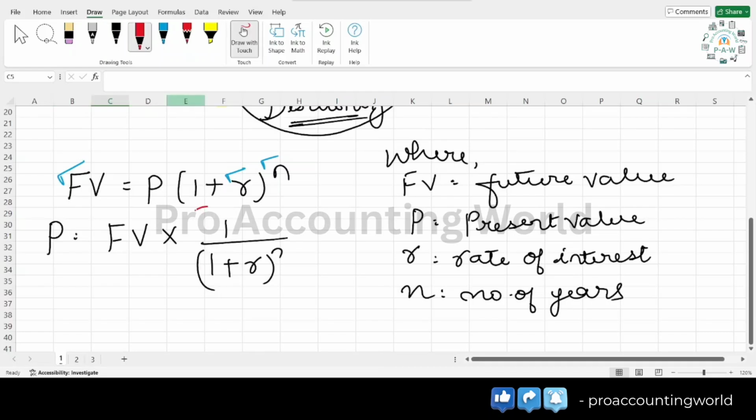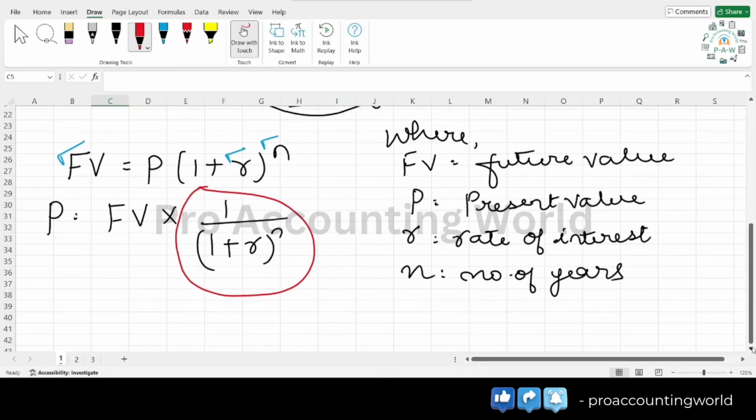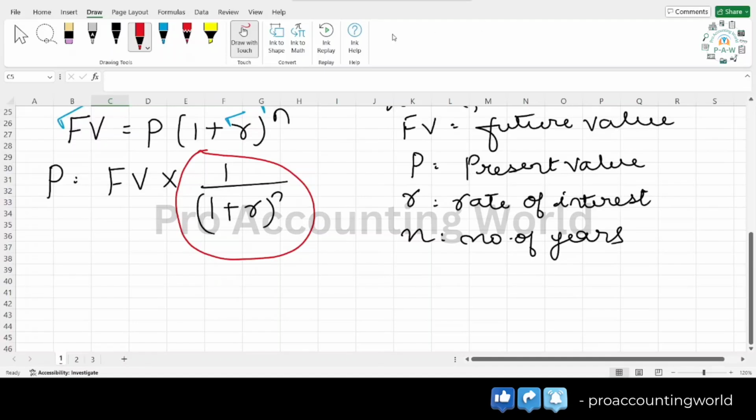This 1 divided by (1 plus R) raised to N helps us get the present value. So future value multiplied by 1 divided by (1 plus R) raised to N gives you the present value.